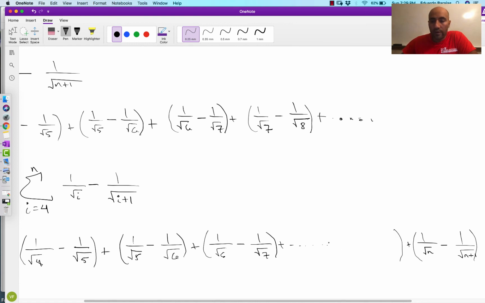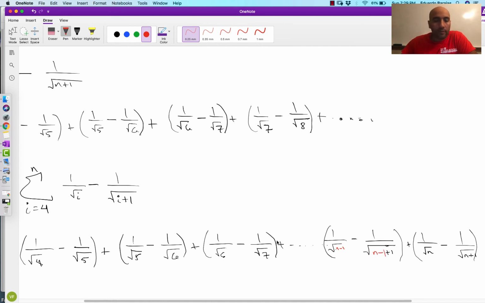So we would end up with this other one over here that would be 1 over root n minus 1 minus 1 over root n minus 1 plus 1. Maybe I should have put that one in color. So this would be n minus 1, and then n minus 1 plus 1.